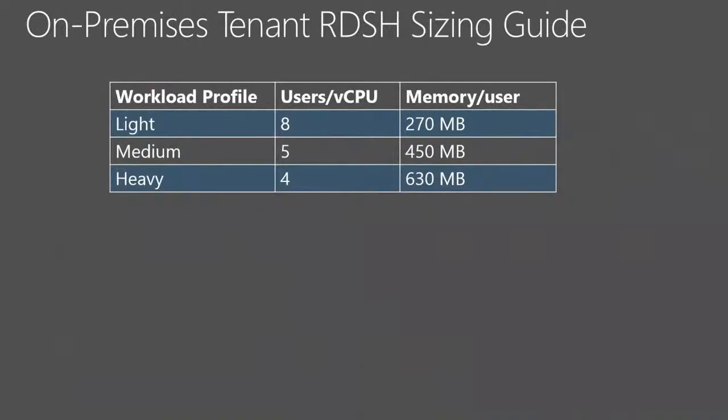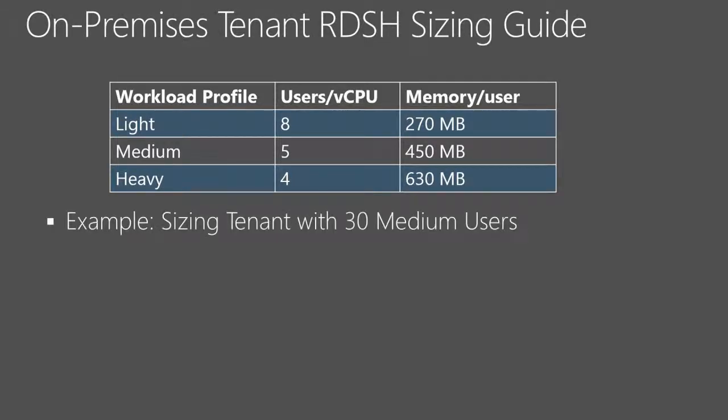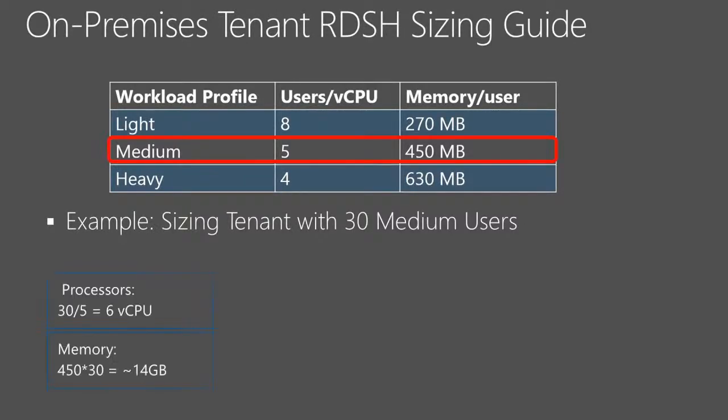Okay, so when you look at this, if you summarize the CPU and memory for these RDSH servers under different loads, basically we saw about 8 users per vCPU with a light workload, 5 for the medium and 4 for the heavy. So as an example, sizing, if I had a tenant that had 30, what I thought were going to be medium users, right, I'm going to need 6 vCPUs in my RDSH farm and 14 gigabytes of RAM, right?